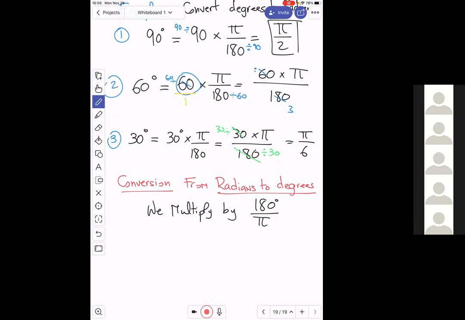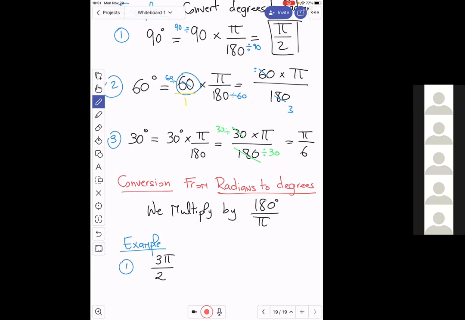So for example, let's say I want to convert 3 pi over 2.